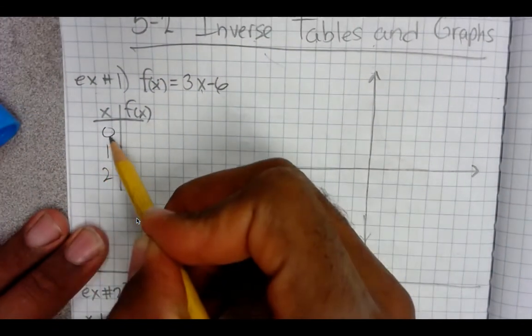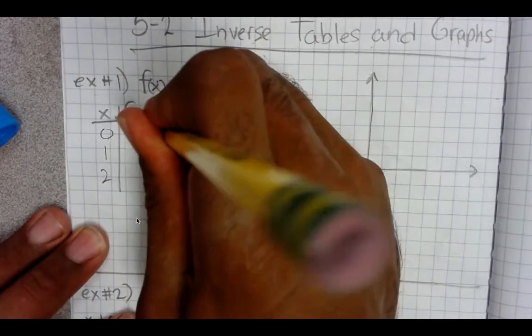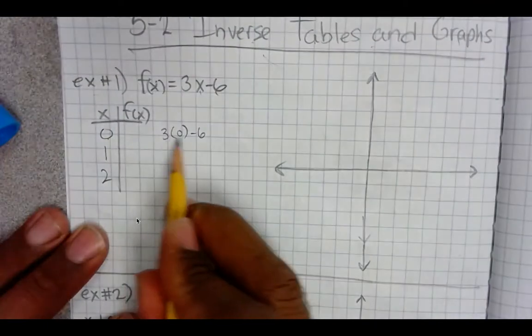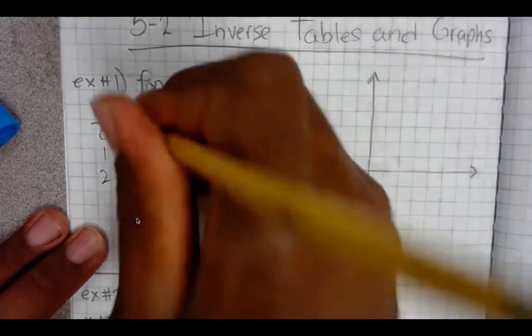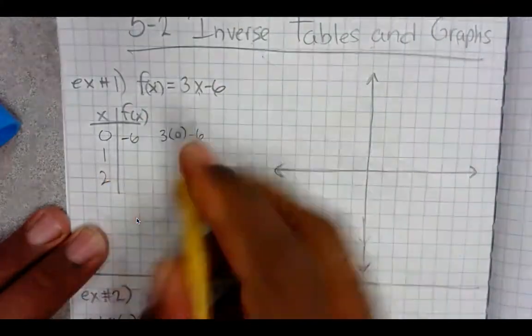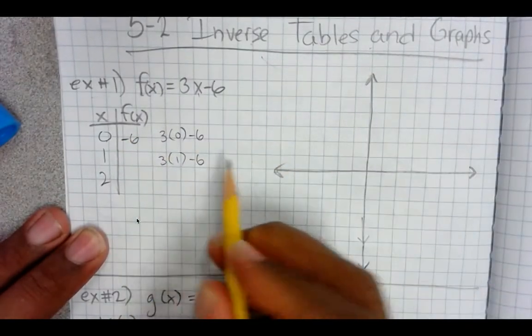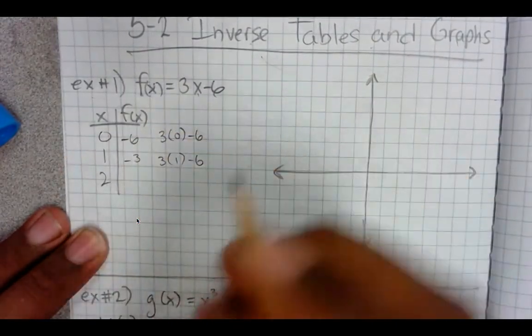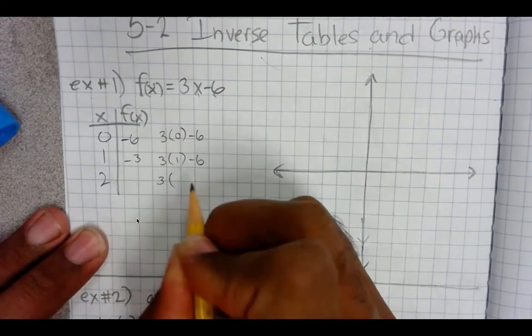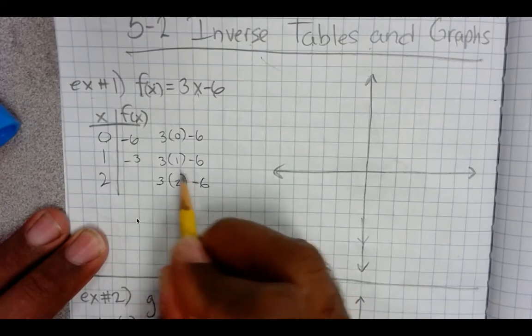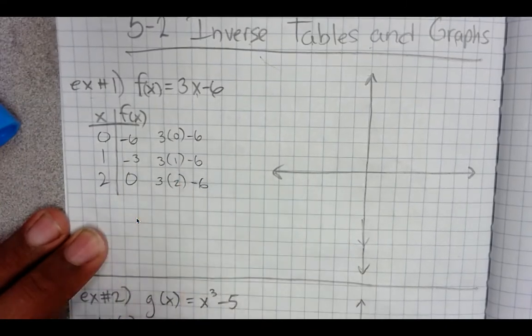So if I plug in 0 to this function, it's just 3 times 0 minus 6. 3 times 0, 0 minus 6, negative 6. Then I'm going to plug in the 1. 3 times 1, 3. Minus 6, minus 3. All right, then I plug in the 2. 3 times 2, 6, minus 6, 0.